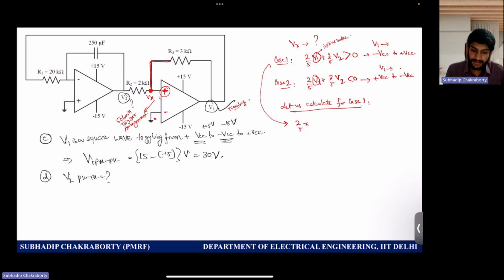Before that, what was V1? V1 was negative, right? You plug that here, which is nothing but minus 15, plus 3 by 5 into V2. V2 we want to determine, right? So from this condition, what we can write is V2 should be greater than 10. So this is 1.